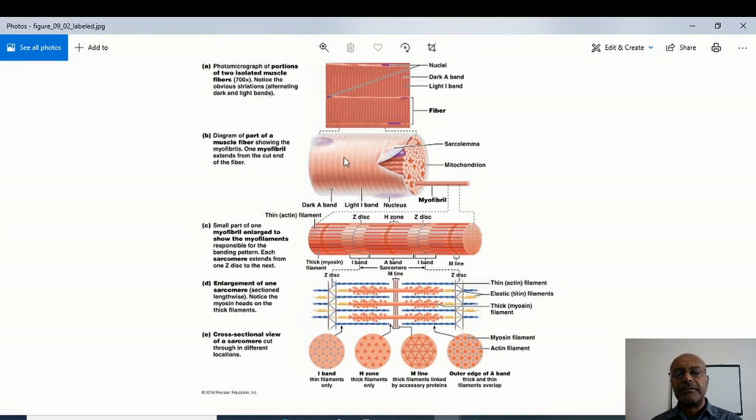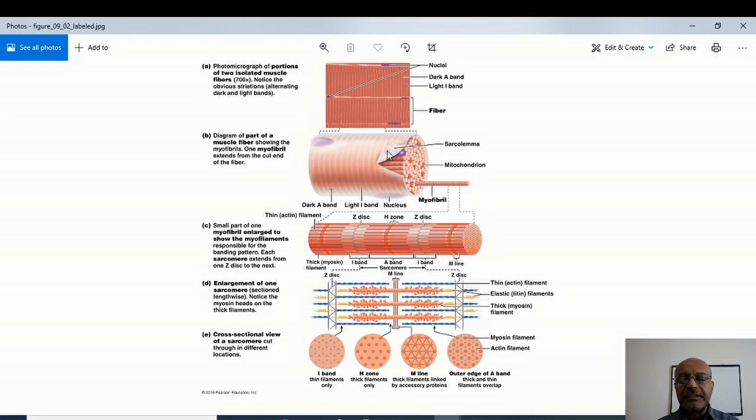By the way, this picture is to show you the striped appearance of the skeletal muscle cell. This striped appearance of skeletal muscle tissue or skeletal muscle cell is described as striated. The word striated is used to mean striped appearance. You see the striped appearance through the sarcolemma.